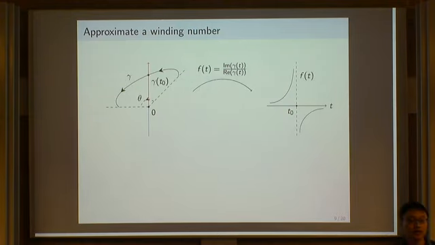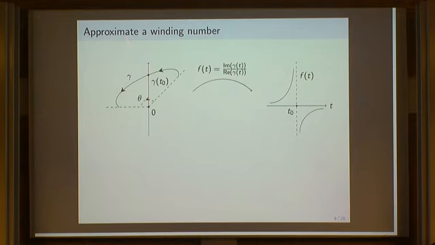To make it more precise, we can define a function f as the imaginary part of gamma divided by the real part. The image of f as a point traveling through gamma should look something like this, where f jumps from positive infinity to negative infinity near this point t0.